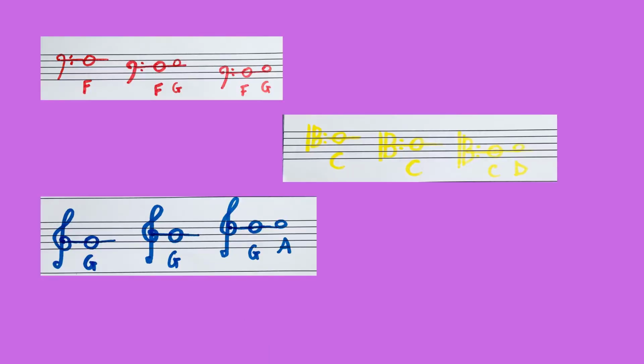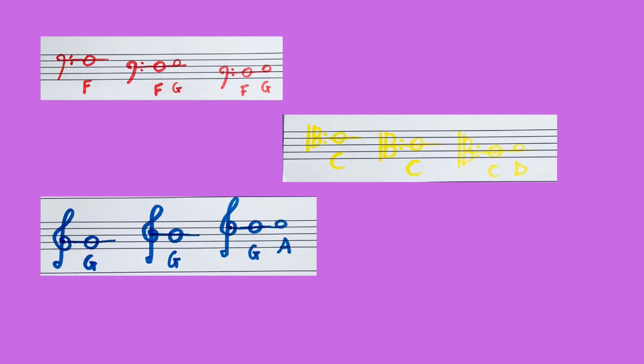Now, if we would call each clef the F clef, C clef, or G clef, we can imagine how easy it would be to figure out where the notes are on the staff.